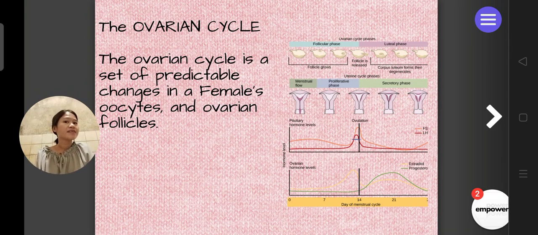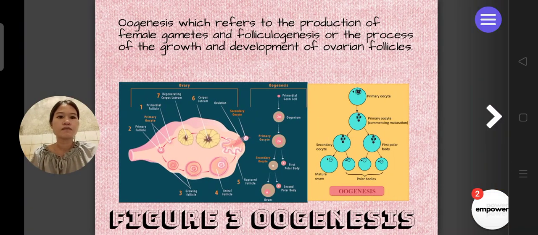So, the ovarian cycle. The ovarian cycle is a set of predictable changes in a female's oocytes and ovarian follicles. So, let's talk about figure 3, oogenesis. Ano nga ba yung oogenesis na to?